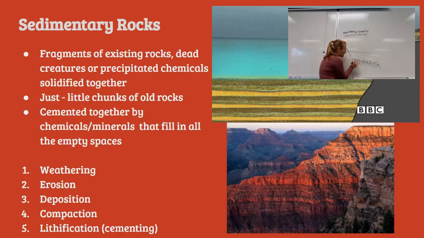They work their way through all these little cracks and crevices, and they deposit some of the minerals that are in them inside the cracks. And over a long time, we can fill all of the cracks with this mineral water. And now this has become a sandstone or any type of sedimentary rock.